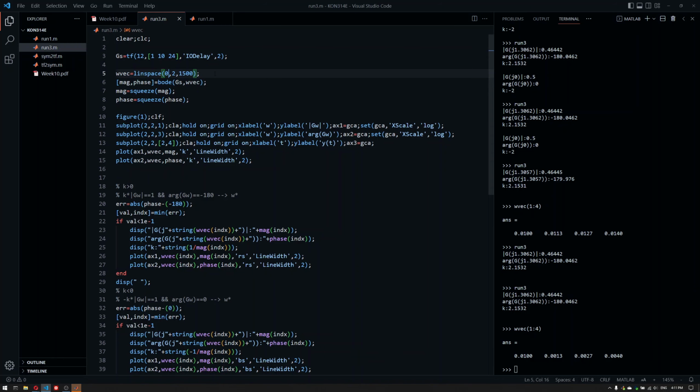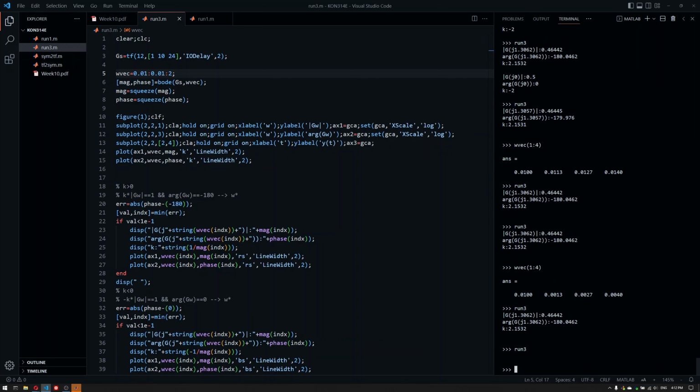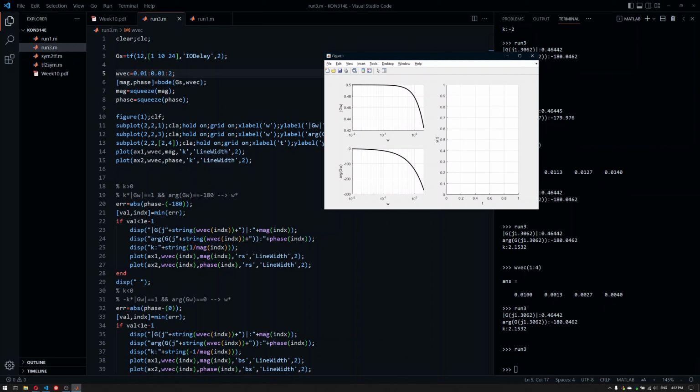Yeah, this doesn't help. Let's also drop lin space and start from 0.01 with 0.01 steps up to 2. That makes more sense, I guess. Because with lin space, we're generating awkward vectors. And this doesn't seem to cut it for some reason.